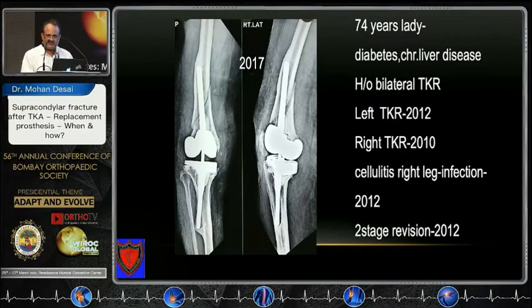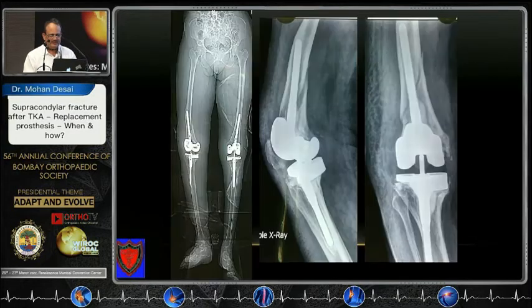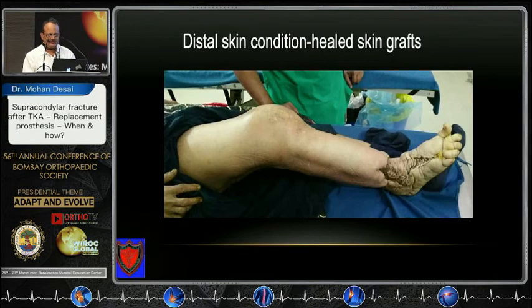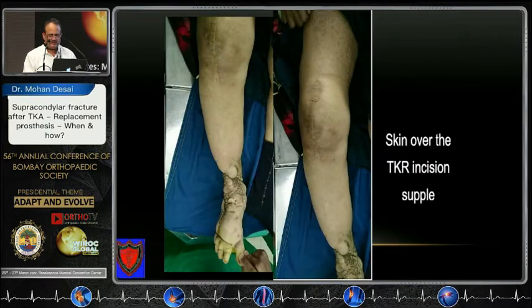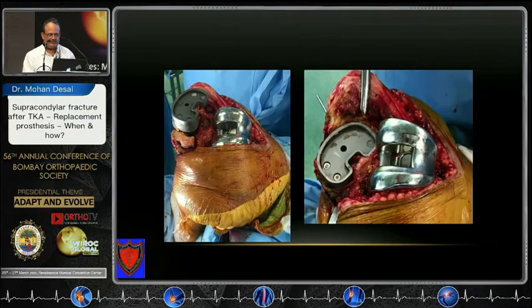So obviously this prosthesis was loose, and here no fixation is possible. However, distal femur replacement was not needed. The fracture was slightly more proximal. There was a skin condition. However, the serological markers for infection were negative, and the prosthesis was loose.